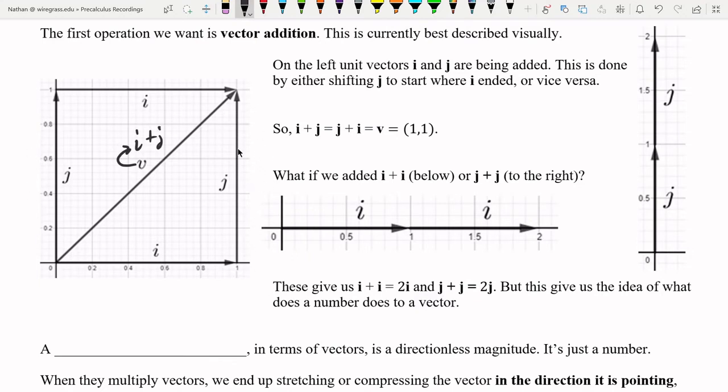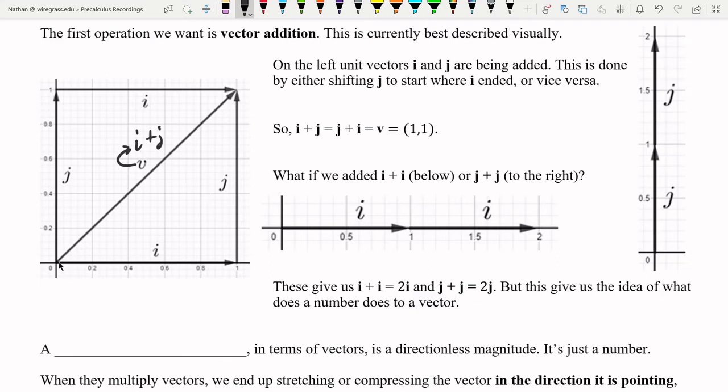Now this j, I wouldn't call this a unit vector. It's a unit vector in the sense that it points the same direction and has the same magnitude, but it's not a position vector. That's fine though, because we're doing unit vector addition here, so we can't have position vectors for this. For either i or j, we have to move it off of the standard position.